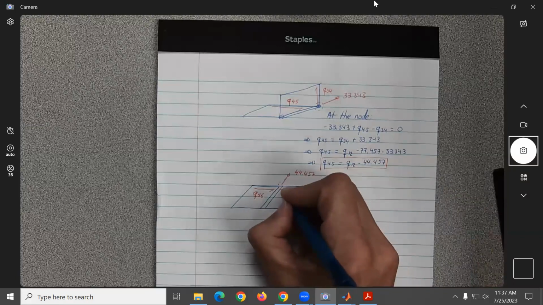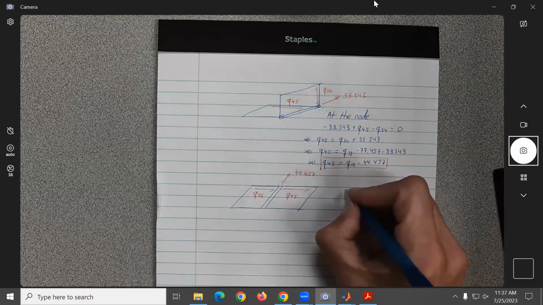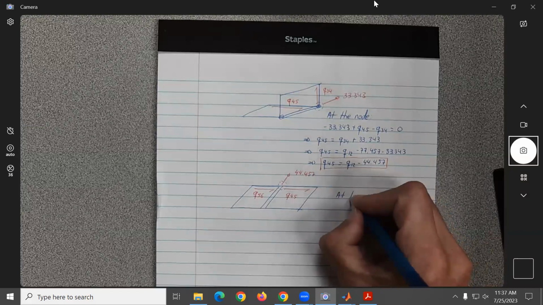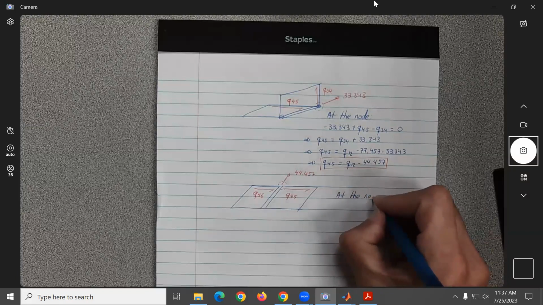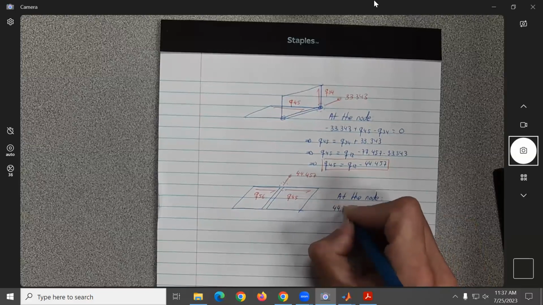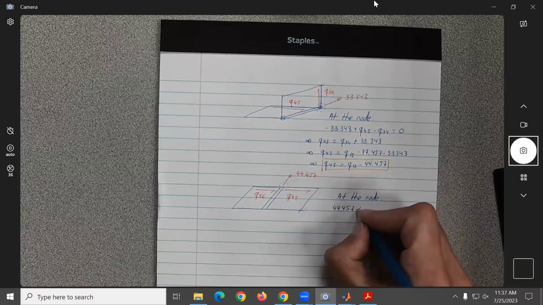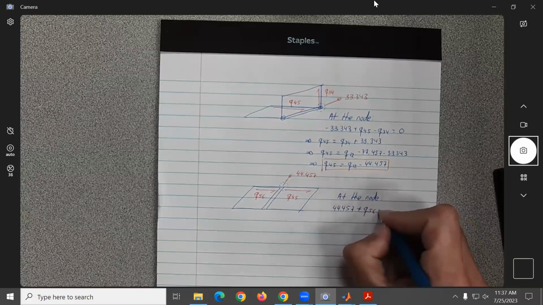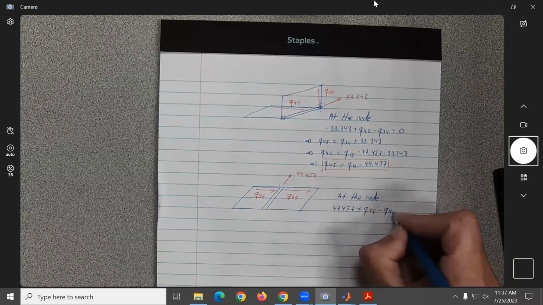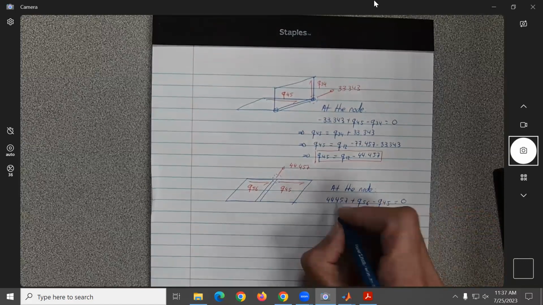So again, here at the node, we're getting 44.457 plus Q56 minus Q45 equal to 0.